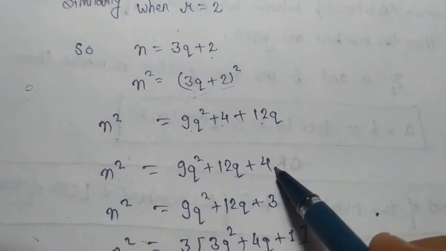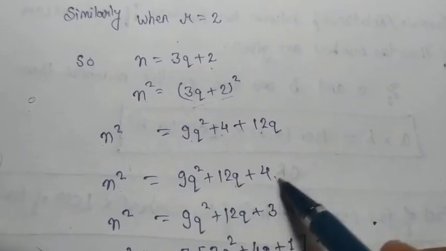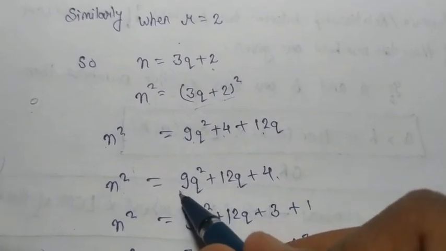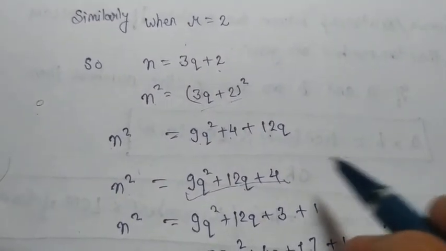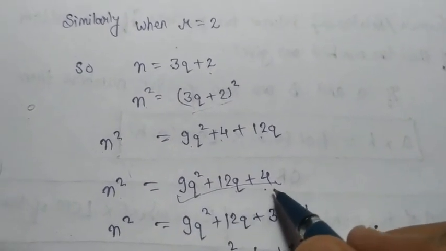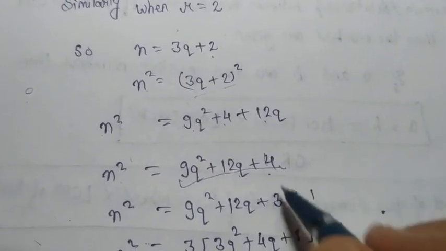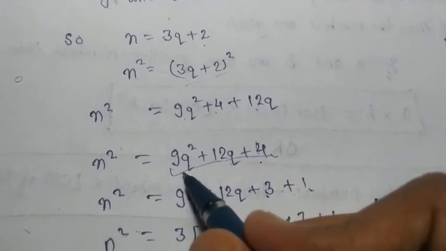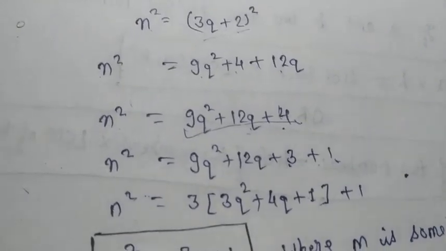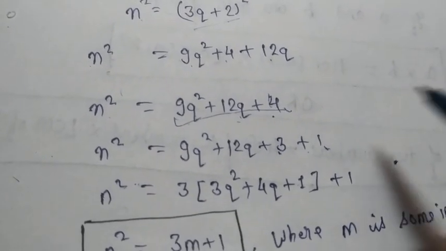Now students, in the whole term we cannot take anything common, so I am making it so that we can take common. We cannot take 3 as a common, so I can write 4 as 3 plus 1, and the remaining terms are the same, that is 9q square plus 12q plus 3 plus 1.